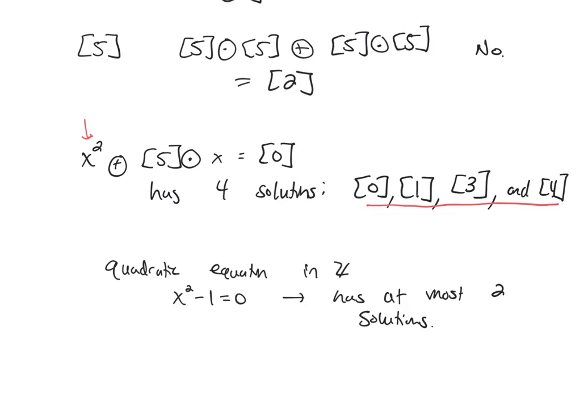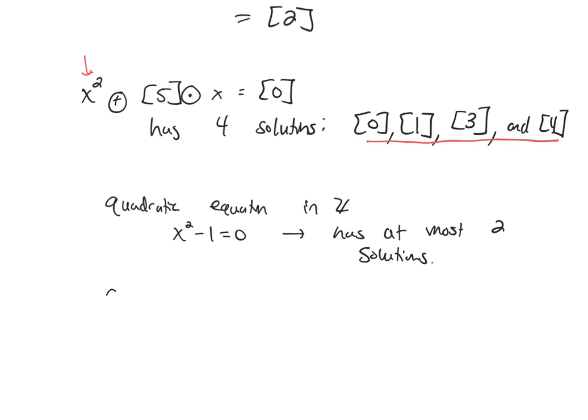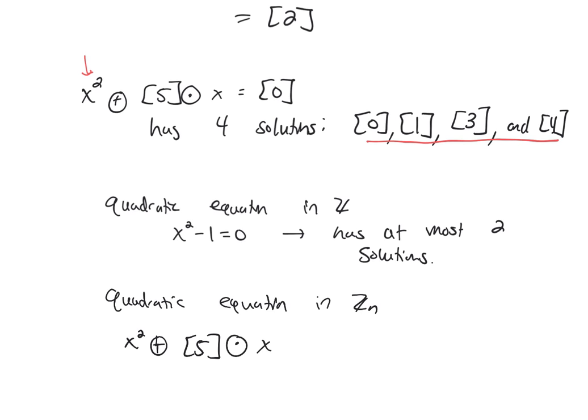But look at what happened here when we had a quadratic equation in Zn. It's quadratic because the highest power is an x squared. This one has 4 solutions. So we're not limited anymore in the number of solutions we have. We can have more than the power of the equation.